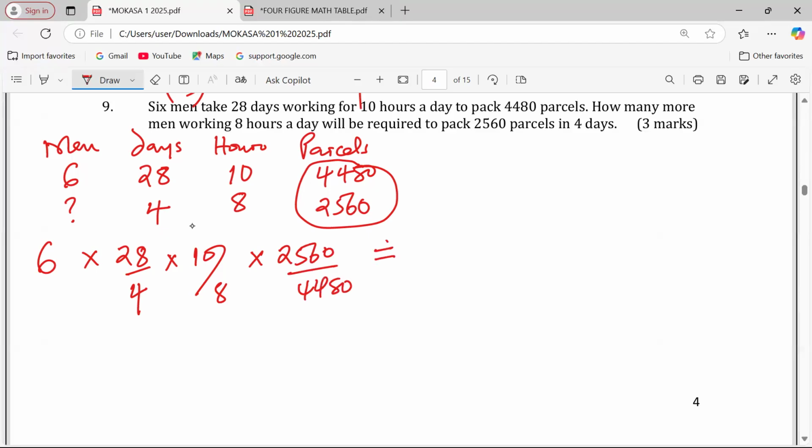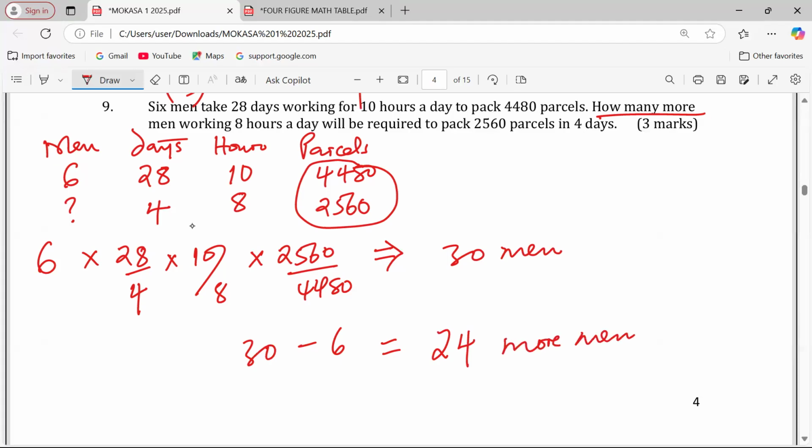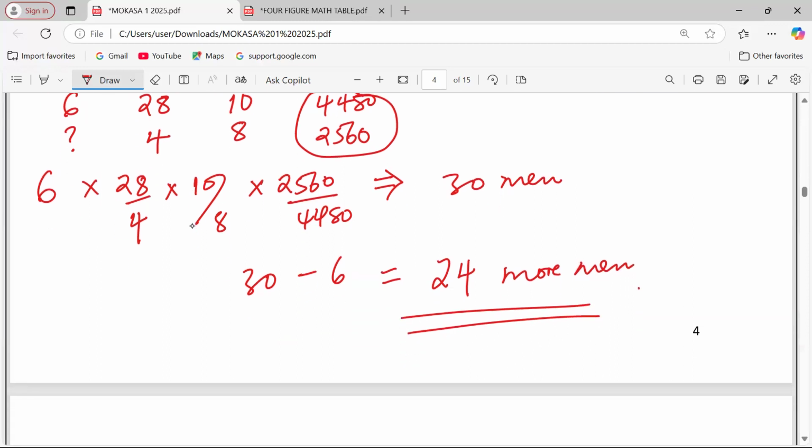When we compute all this, we are going to get 30 men. And once we get that, we go back to the question, how many more men? Now 30 are needed, and they were originally 6. So we need 24 more men. 24 more men are needed in this case.